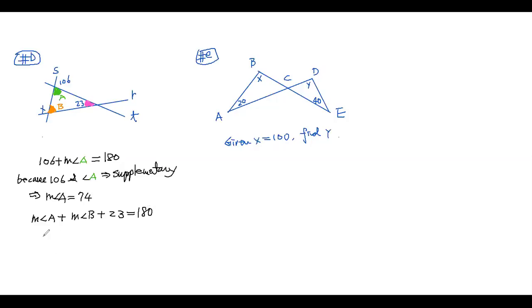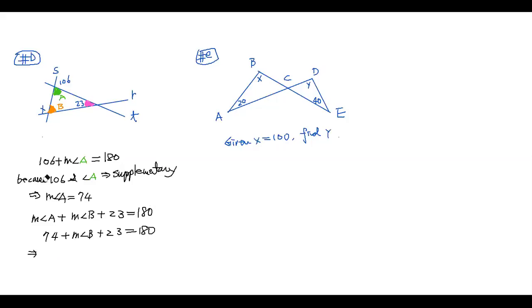I know angle A is 74, so 74 plus angle B plus 23 equals 180. So 74 plus 23 is 97, right?